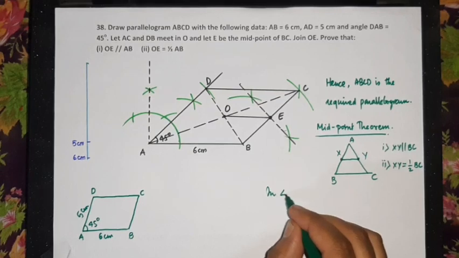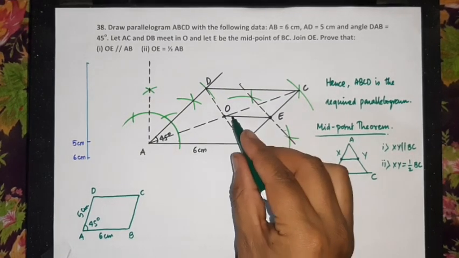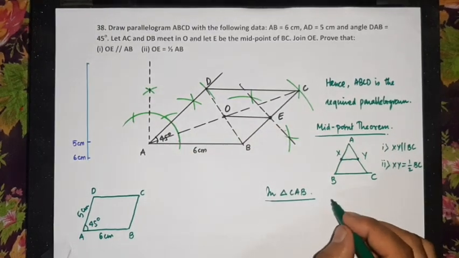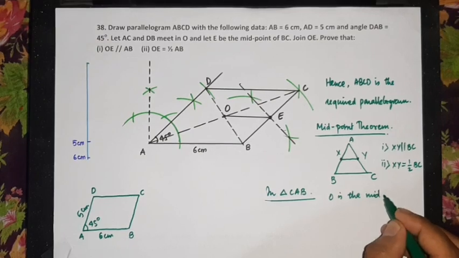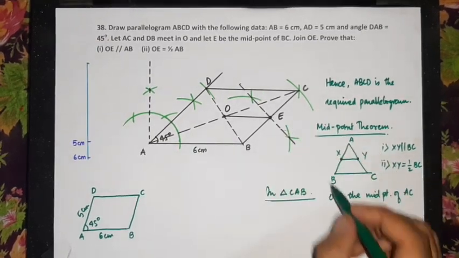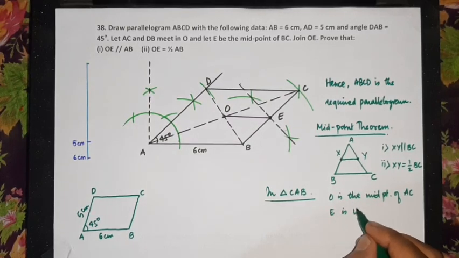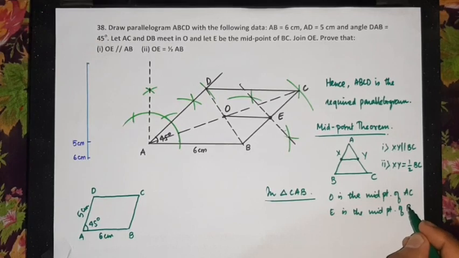In triangle CAB, we know that O is the midpoint of AC, right? And E is the midpoint of BC, right?